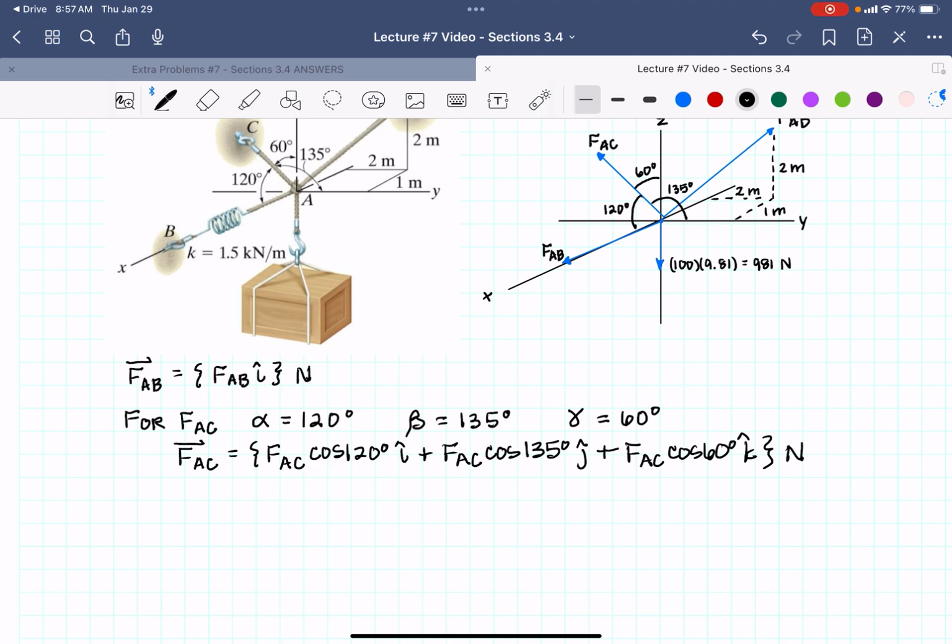So for FAD, it gives me the coordinate for FAD. So I'm going to have to do the position vector, find the unit vector, and then multiply by the magnitude of FAD. So the coordinate of D, we're going to assume the coordinate of A is 0, 0, 0. The coordinate of D is -1 in the x direction, +2 in the y direction, and +2 in the z direction.